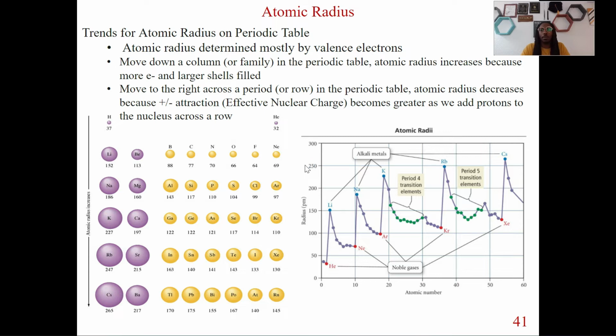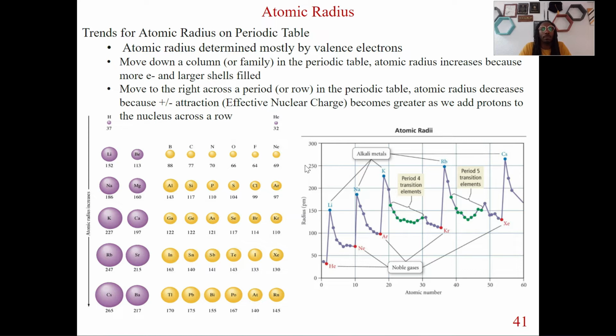The same thing applies if we go across the periodic table. If we're going toward the right of the periodic table, our atomic radius will decrease. The reason is something called effective nuclear charge. That's one of the trends we will talk about in this video, so please stay tuned at the very end of the video.